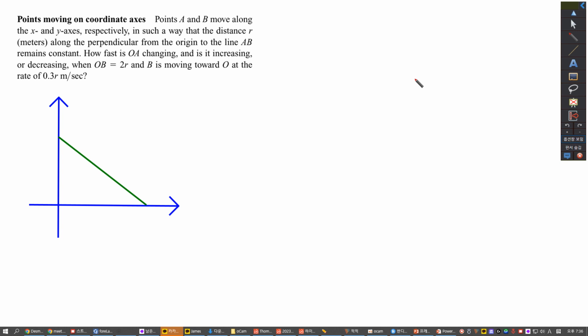Point A is on the x-axis, and point B is on the y-axis. So we can make some coordinates. Let's say A is (a, 0), and B's coordinates are (0, b). And the property is that the distance from the origin to this line remains constant.